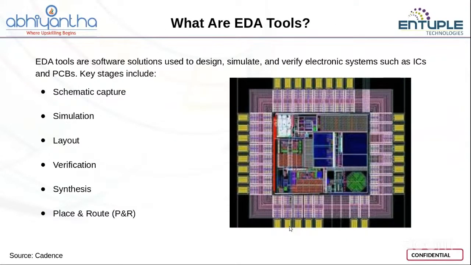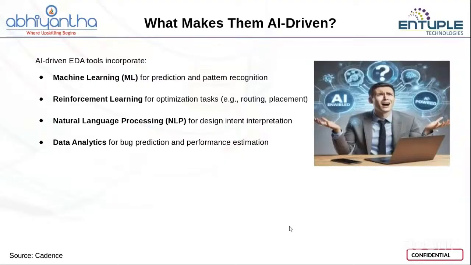So these are the EDA tools we are doing as of now. What is the impact of AI in these EDA tools? What makes them AI driven? That is the main thing. As you know, there are various algorithms in AI.